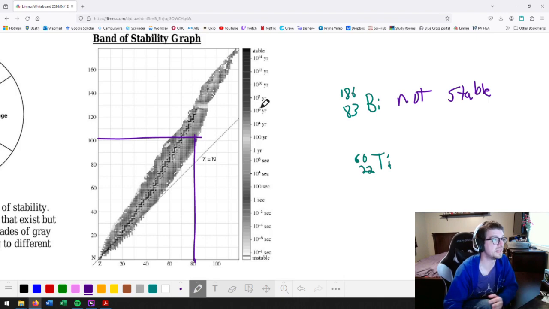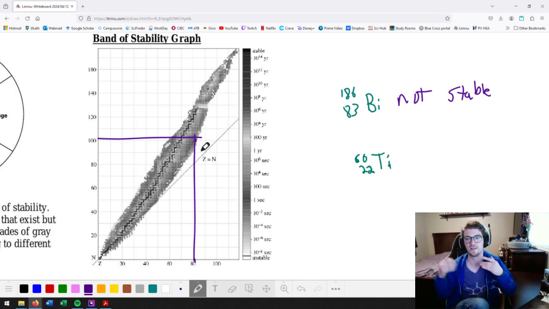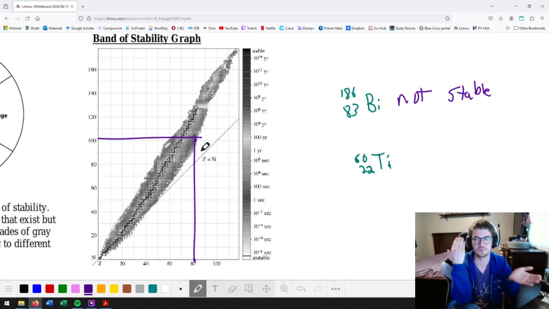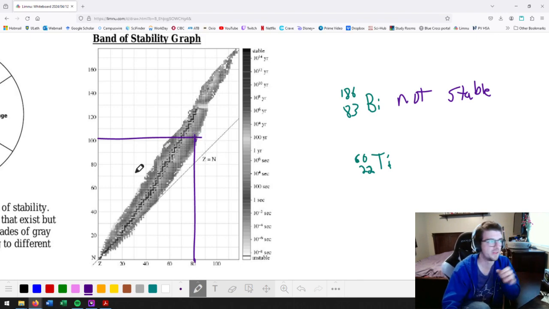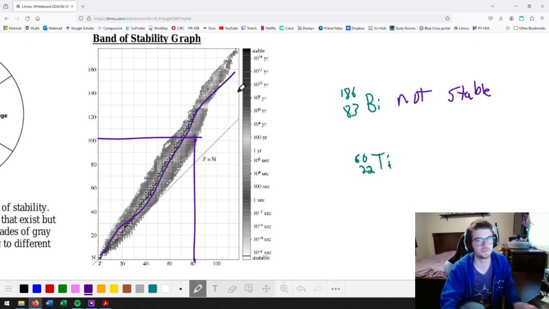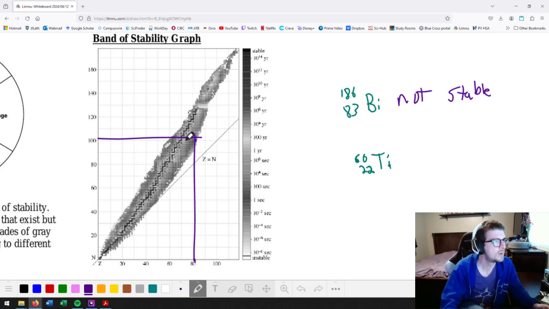And so the easiest way to move an isotope to the left on this graph and get it closer to this band of stability, which is along there. That was really badly drawn. Please just pretend I didn't do that. So if we want to move left, we undergo alpha decay.